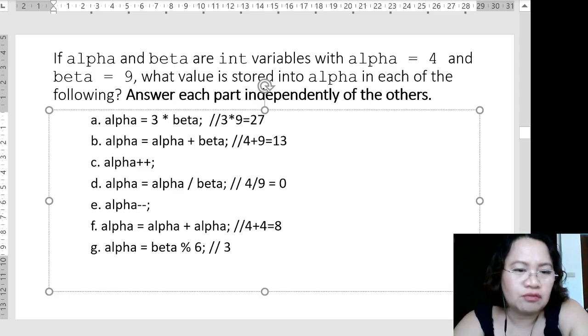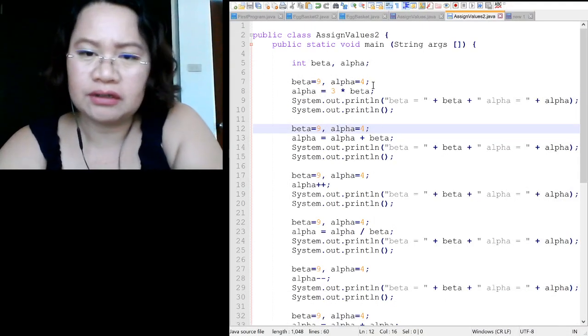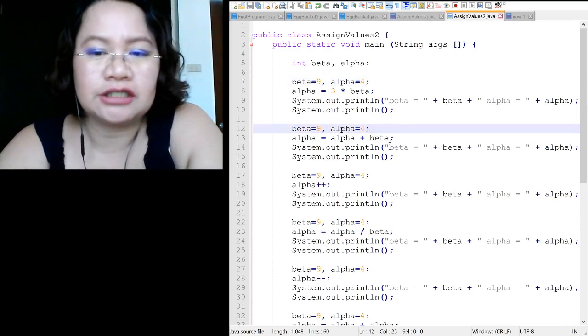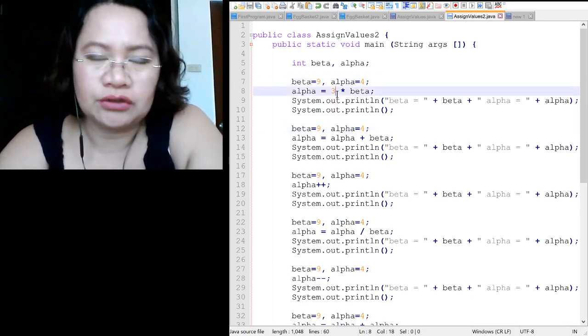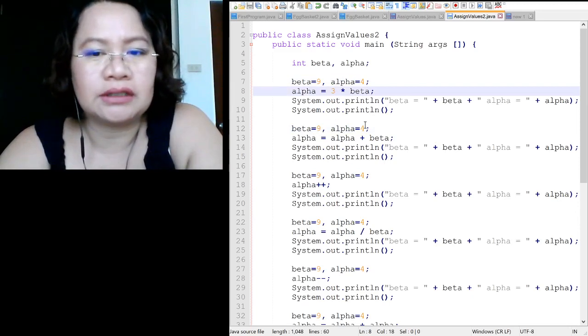So the result of the first number will not affect the second number. We always start evaluating from the beginning value of both beta and alpha, so I have to reset every time. That's why I keep initializing, to make sure that after every operation, the value of alpha and beta is 4 and 9.